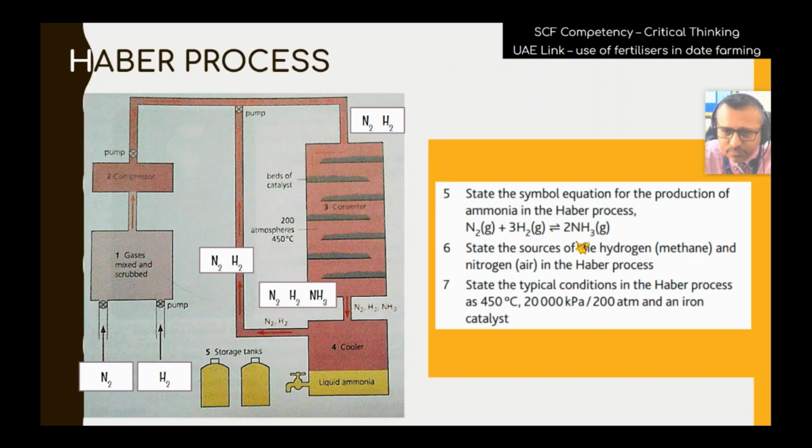So to summarize that point, if we cool down the gas mixture, the ammonia is the first one that turns into a liquid, and it can be drawn away from the process as liquid ammonia, and you just store it in tanks under pressure.